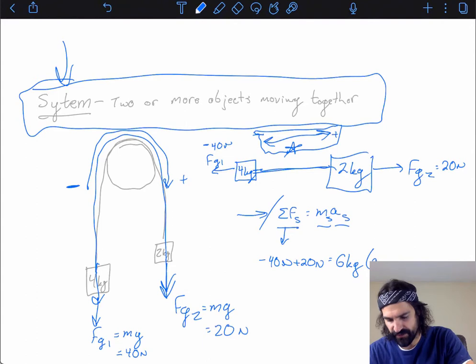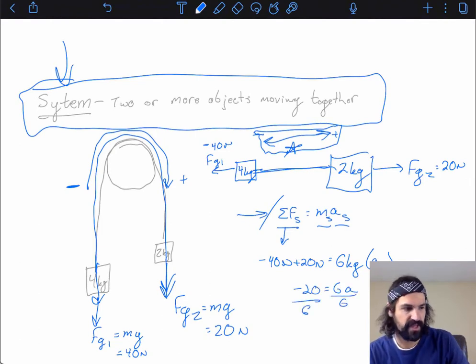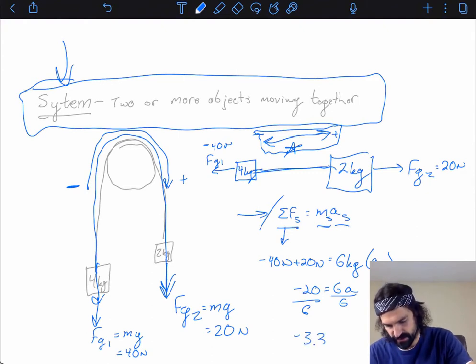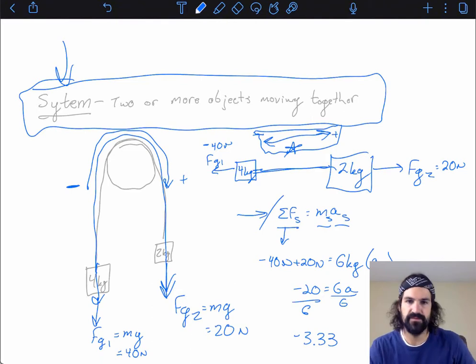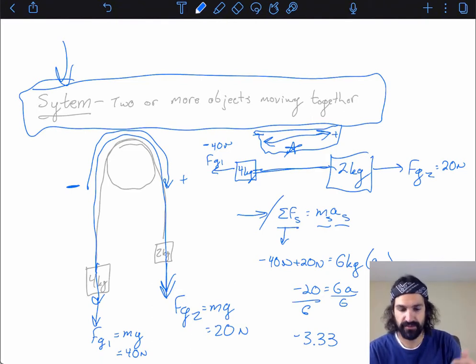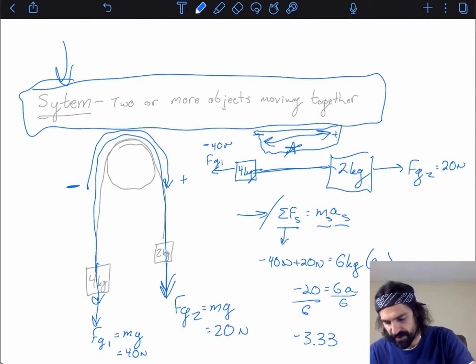And to solve for the acceleration of the system, you just divide negative 20 by 6. And when you do that, you should get negative 3.33, if I'm not mistaken. Negative 3.33 meters per second squared is your acceleration.